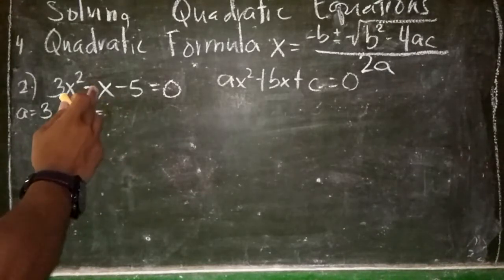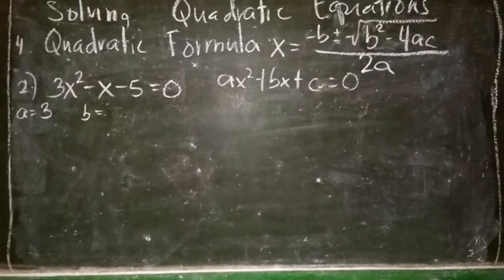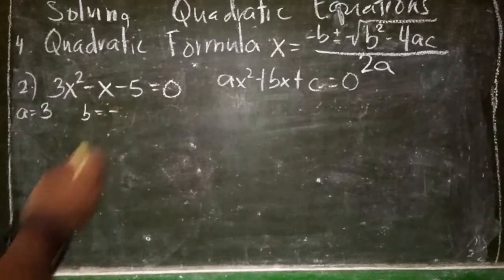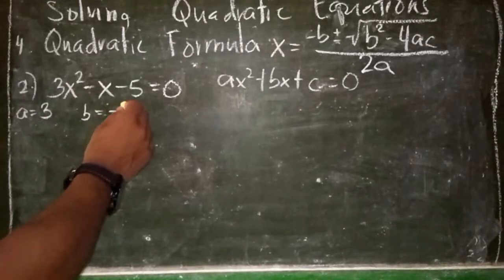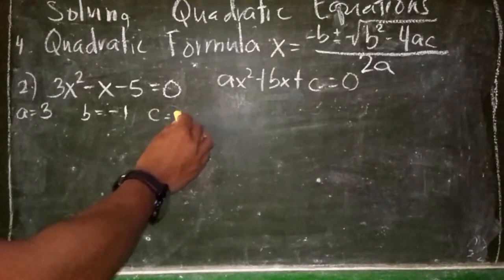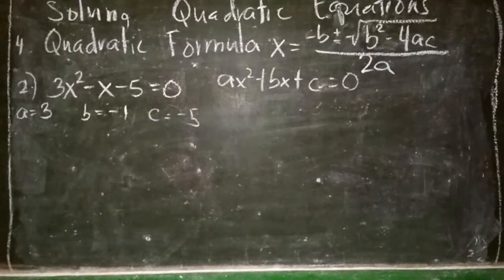So, the operation that is preceded will become its sign already. So, minus. So, yung value ng B natin ay negative 1. Yung C naman natin ay negative 5.